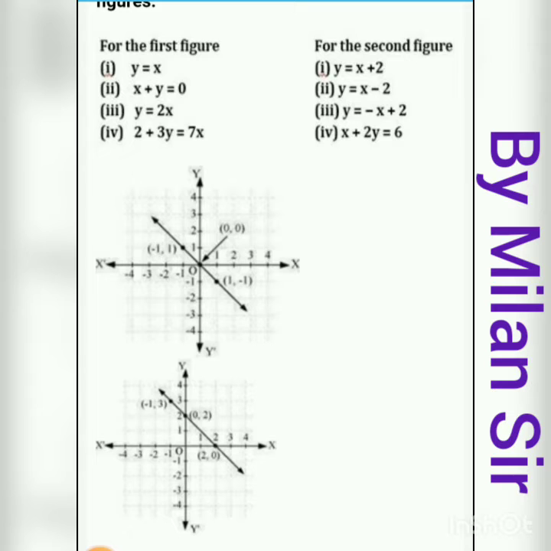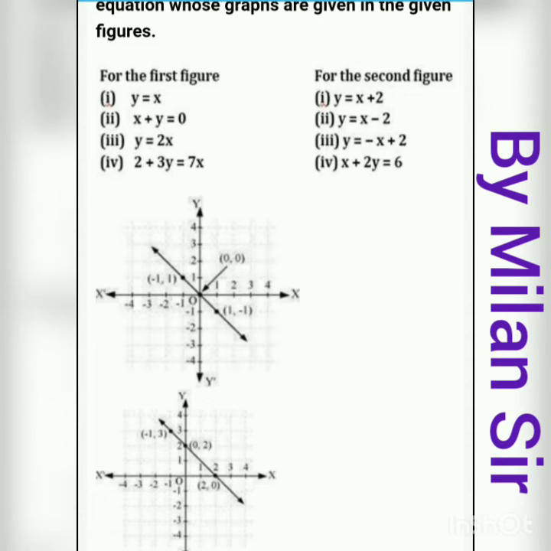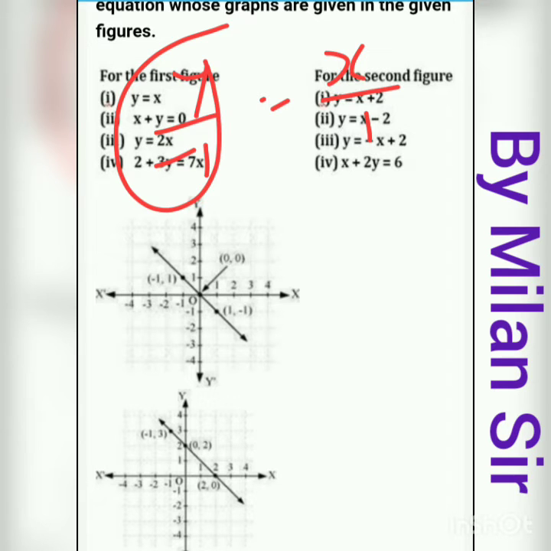Okay, so here what we have, y upon minus 1 is equals to x upon 1. Now y divided by 1. Any number if we divide with the 1 we can get the same answer.